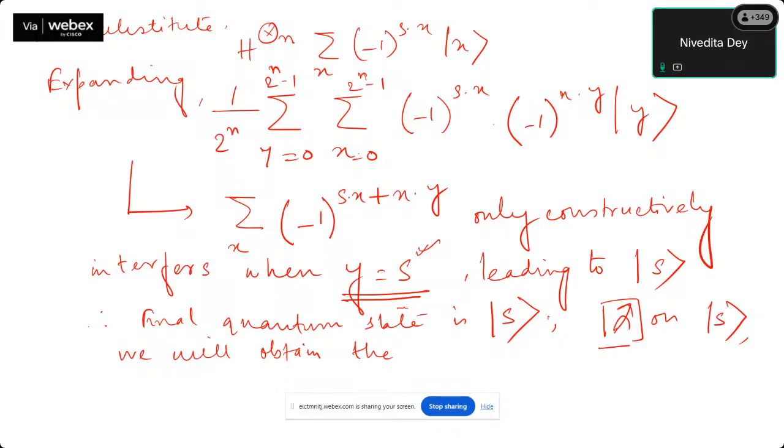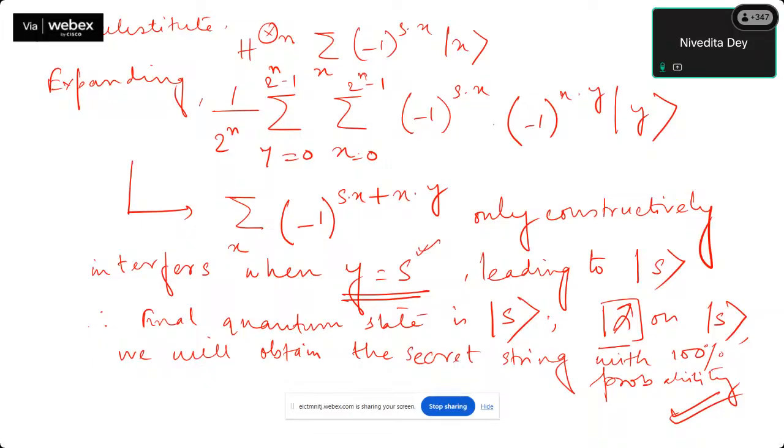We will be obtaining the secret string with 100% probability. And that is what we want to get here. On measurement, we will be getting this one.